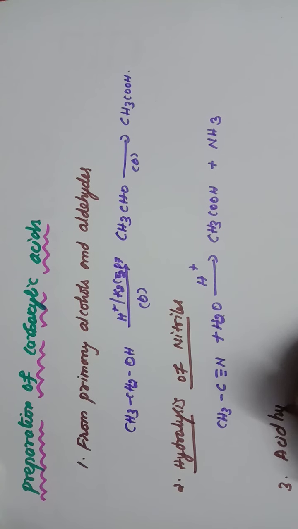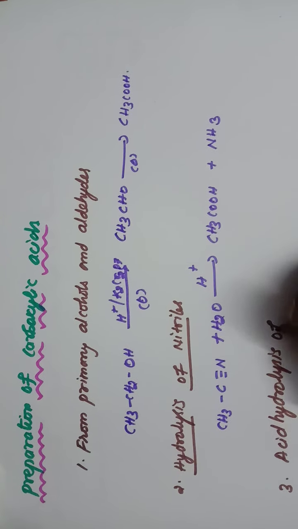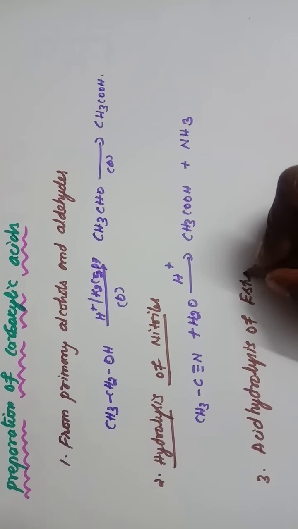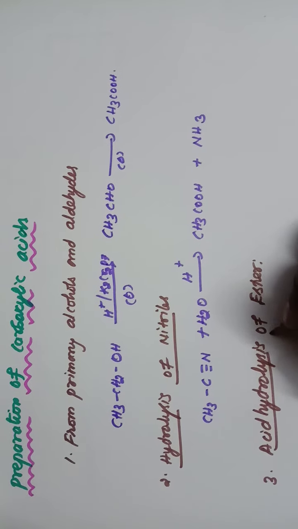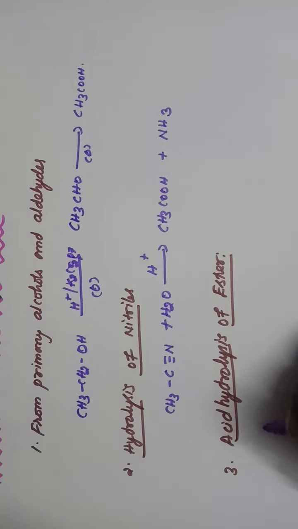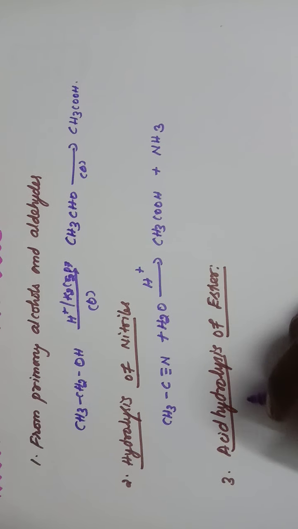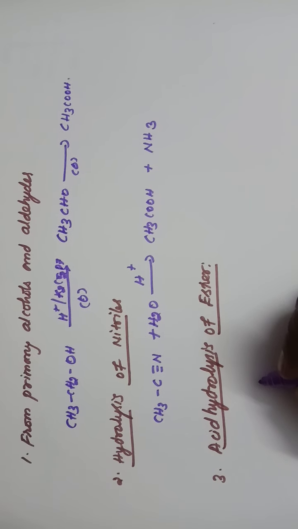Third method of preparation is acid hydrolysis of ester. Esters undergo acid hydrolysis with dilute acids to yield the corresponding carboxylic acid.